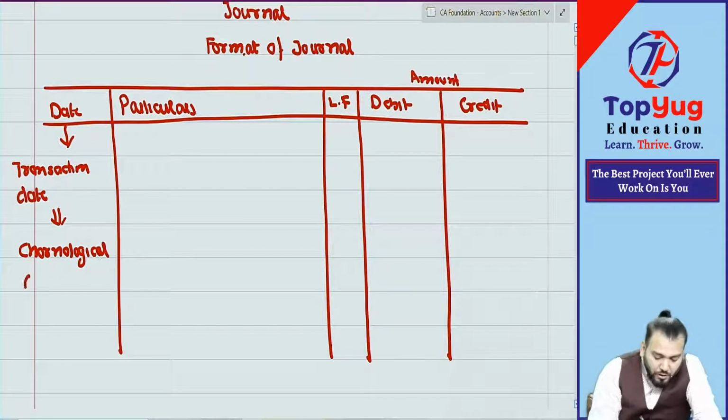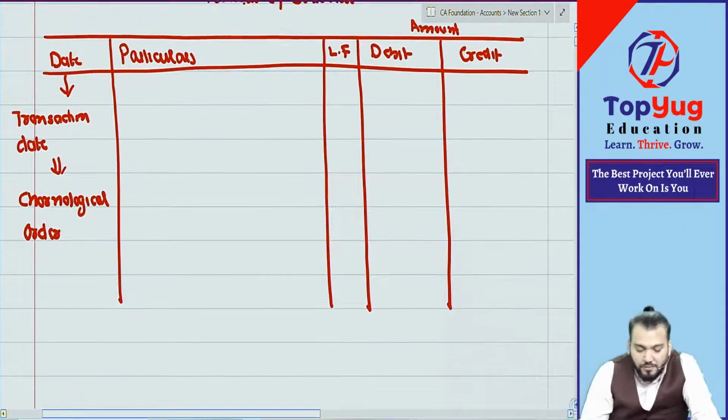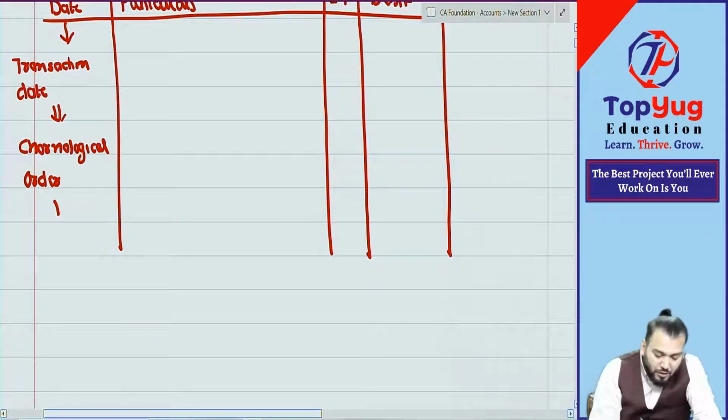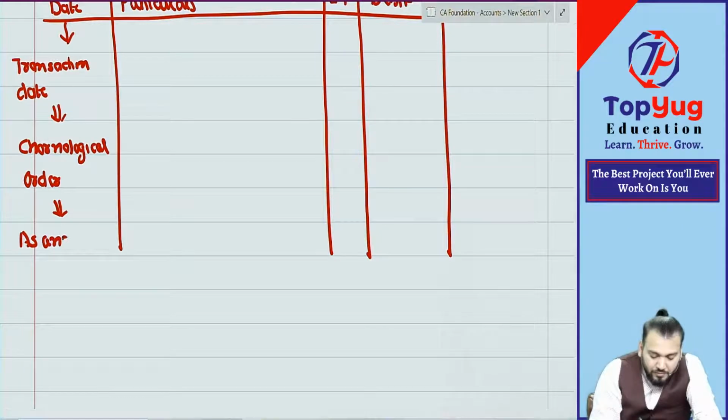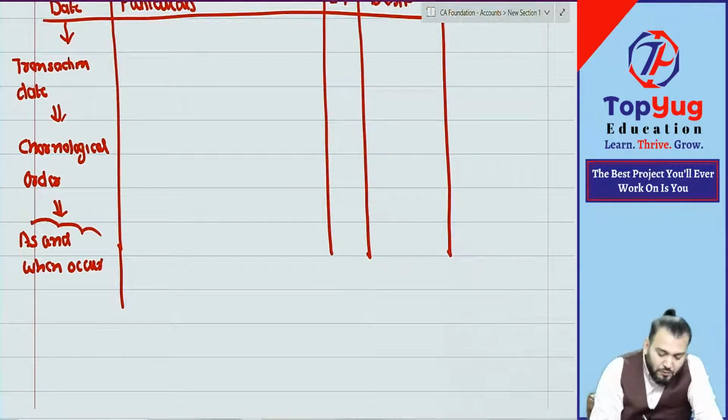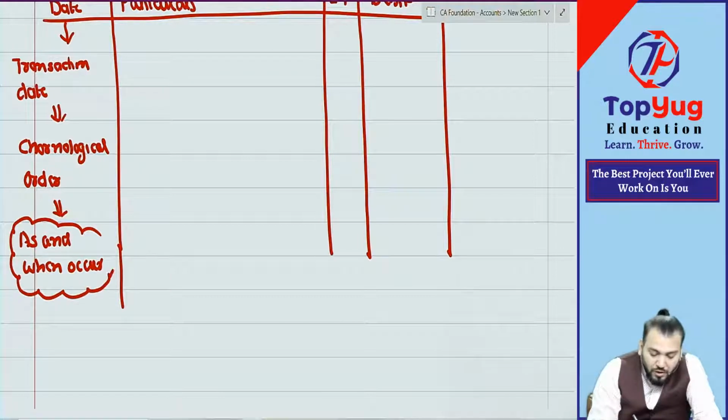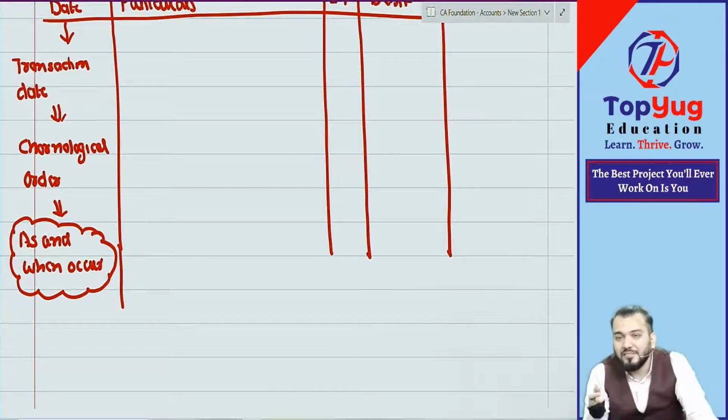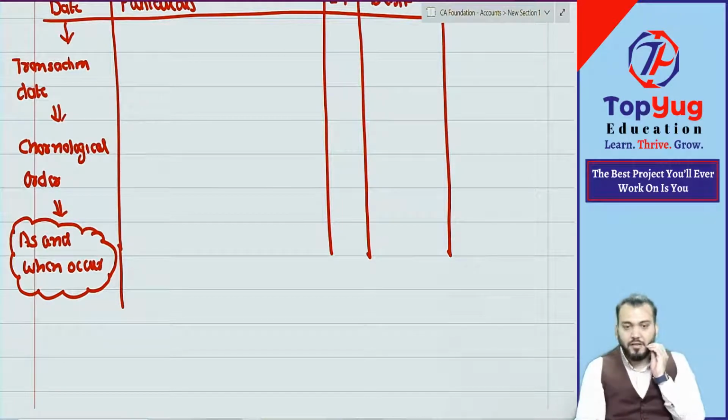What is chronological order? It means we record as and when such transactions occur. We record as and when such transactions occur. Understood?